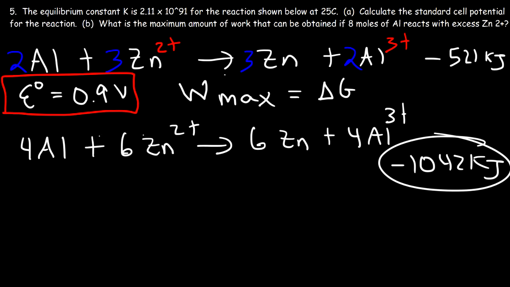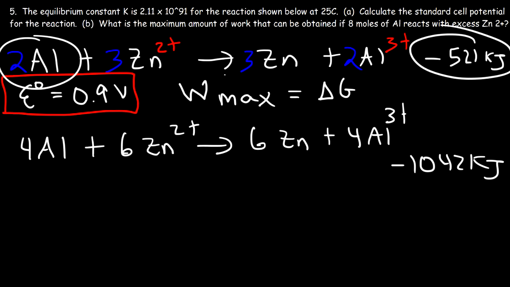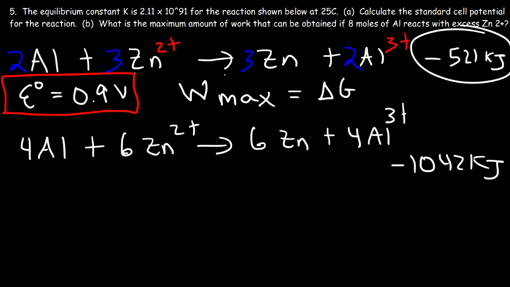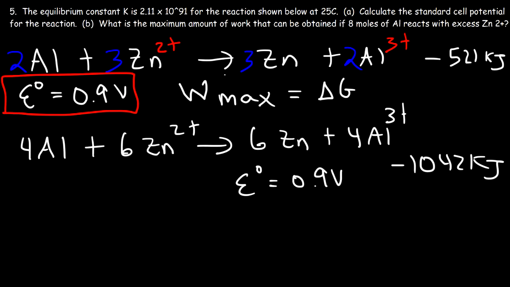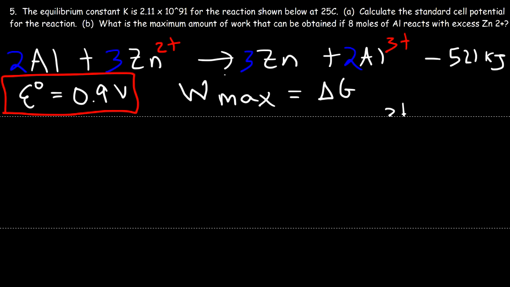So this corresponds to 4 moles of aluminum and this value corresponds to 2 moles of aluminum. So if we want the delta G value per 1 mole of aluminum, it's going to be 521 divided by 2. So just keep that in mind. Now the cell potential will not change. If you multiply the reaction by 2, it's going to remain 0.9. So that's another thing that you want to keep in mind as well.